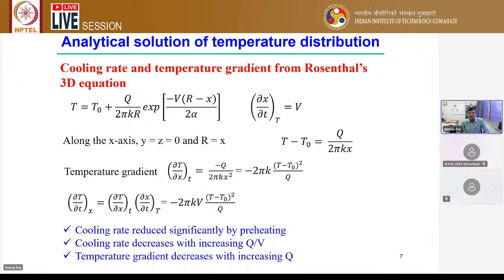That kind of relation will help to design the welding process. This temperature gradient and cooling rate, again, influence the solidification mode and solidified structure. That's why the two are important to calculate. So with this simple analytical solution, we can estimate the cooling rate and the temperature gradient of the welding process.